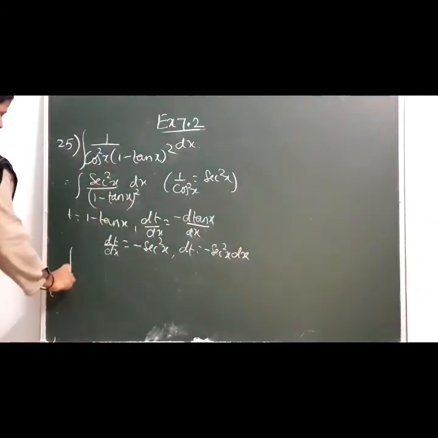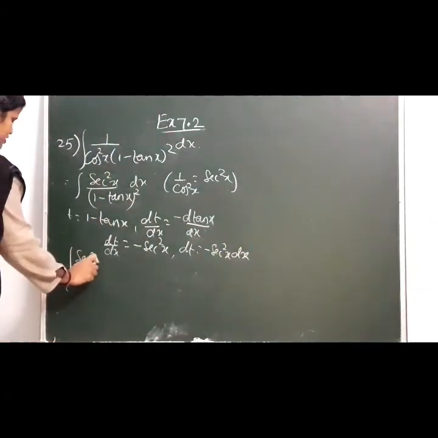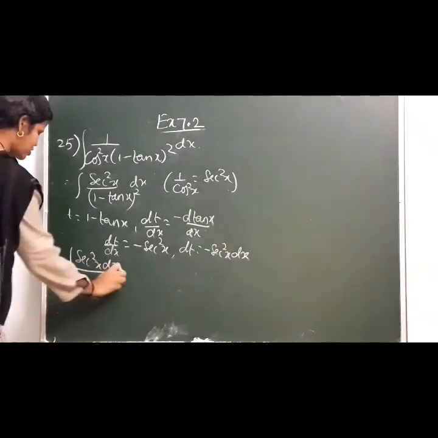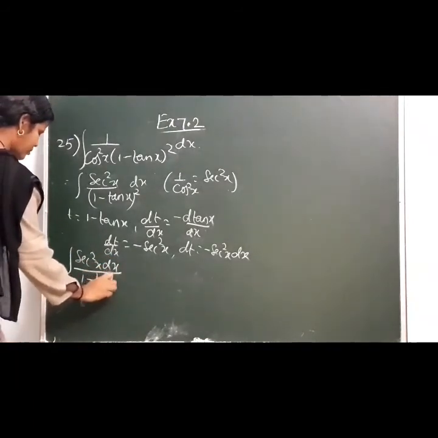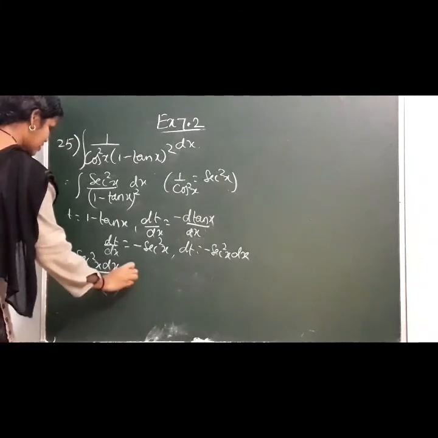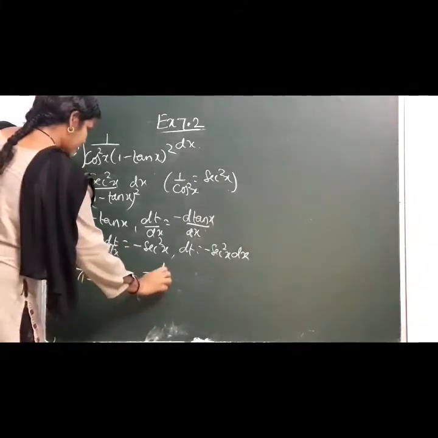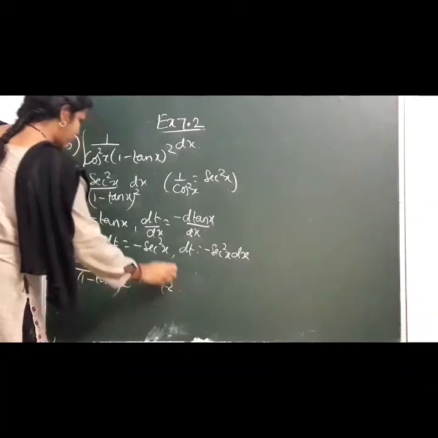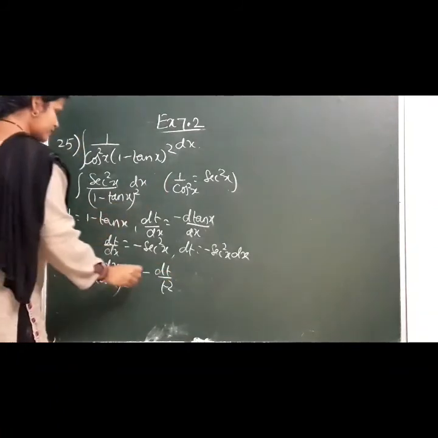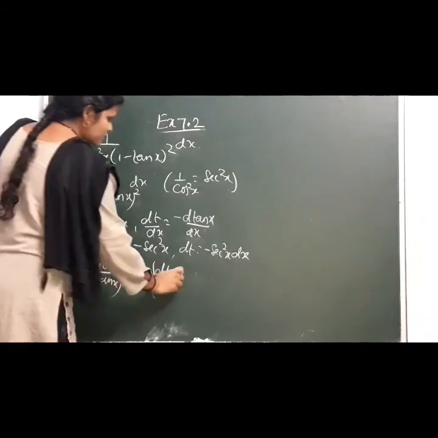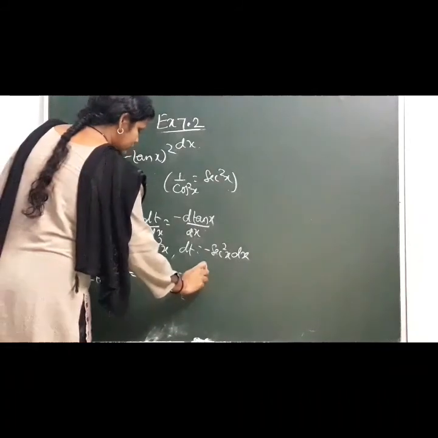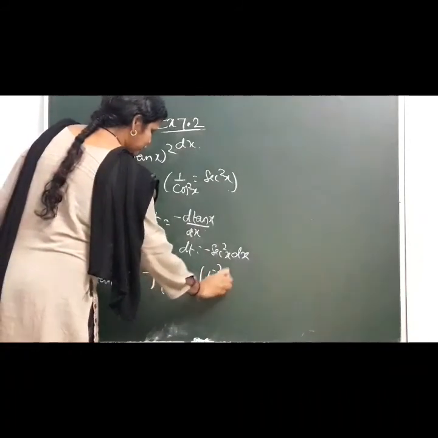Now put this here. The function becomes secant square x dx upon (1 minus tan x) square, that means minus dt upon t square, since we have taken 1 minus tan x as t. So it becomes minus t to the power of minus 2 dt.